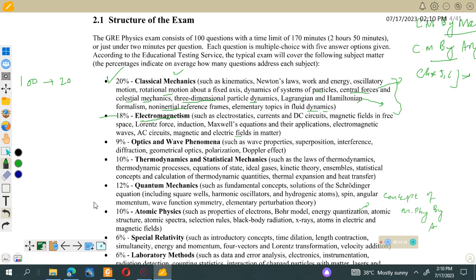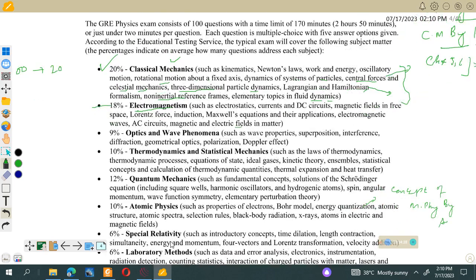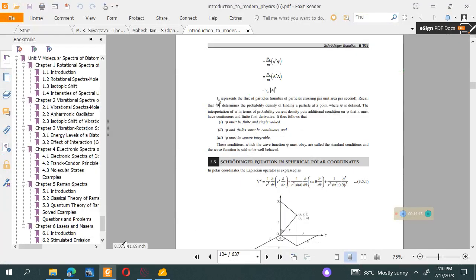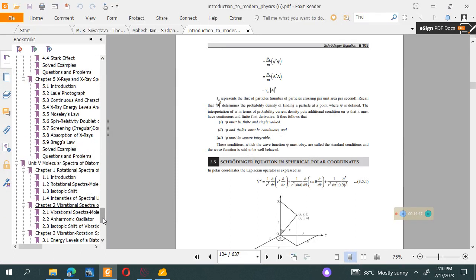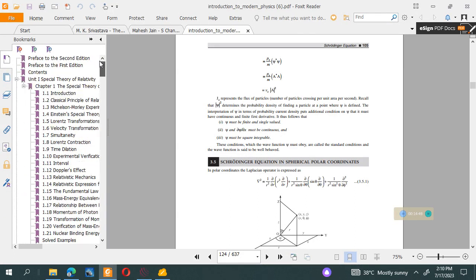And the next is special theory of relativity. This has a percentage of 6%, covering introductory concepts, time dilation, length contraction, simultaneity, energy and momentum, 4-vectors, Lorentz transformations, velocities, and additions. So for special relativity it is the same book.